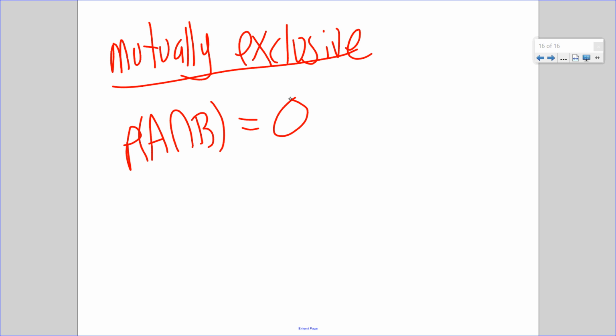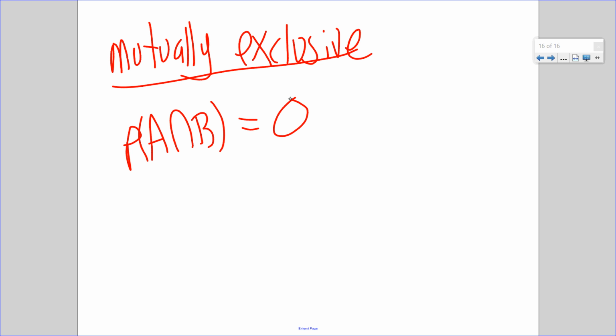It basically means that A and B have nothing to do with each other. There's no intersection between A and B. They've never asked a question in the Regents where mutually exclusive was an answer, but it has been a couple of choices. So that's basically what mutually exclusive means.